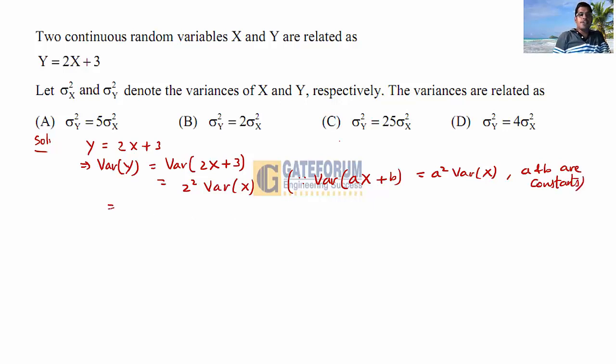So finally, variance of y, also denoted by sigma square y, is equal to 4 times variance of x, denoted by sigma square capital X. So sigma square y is equal to 4 times sigma square x. This is the answer accordingly, option D. This is the end of the question.